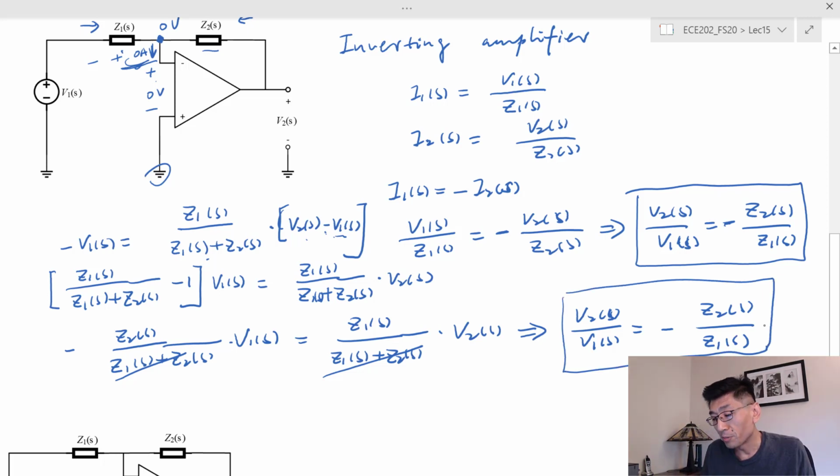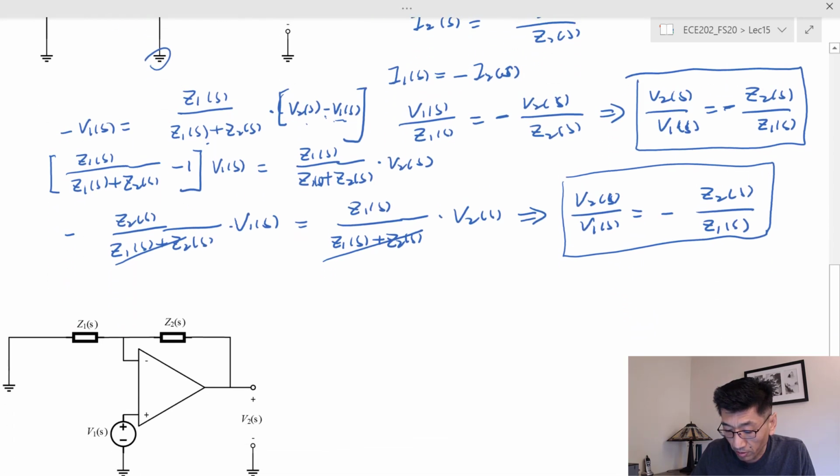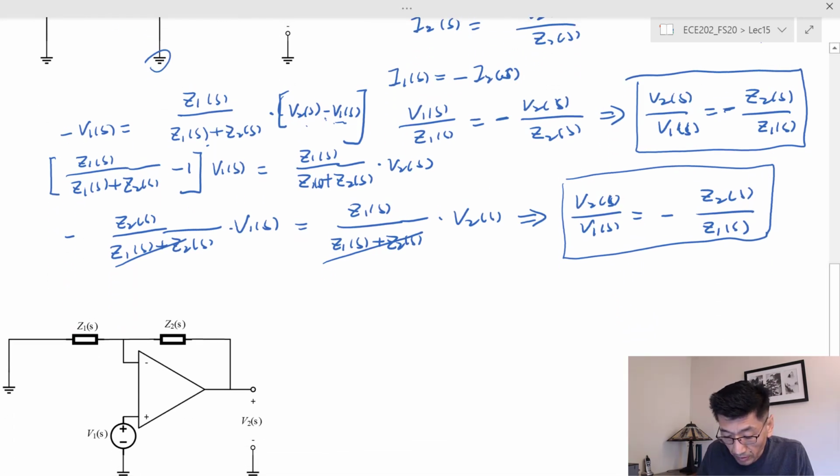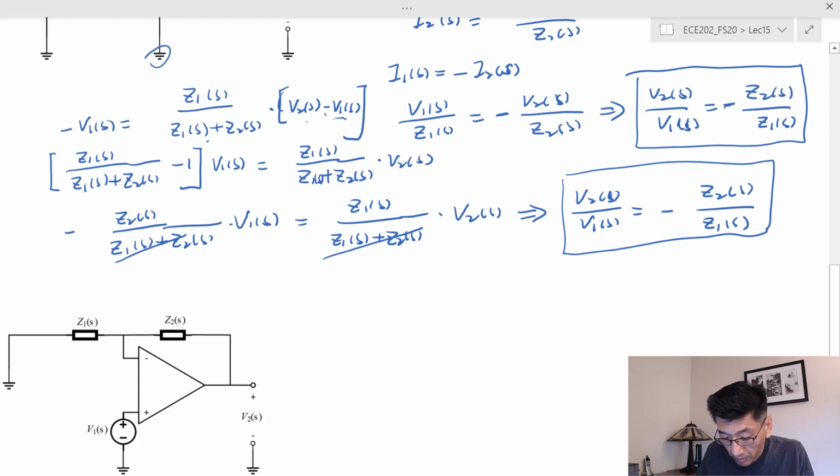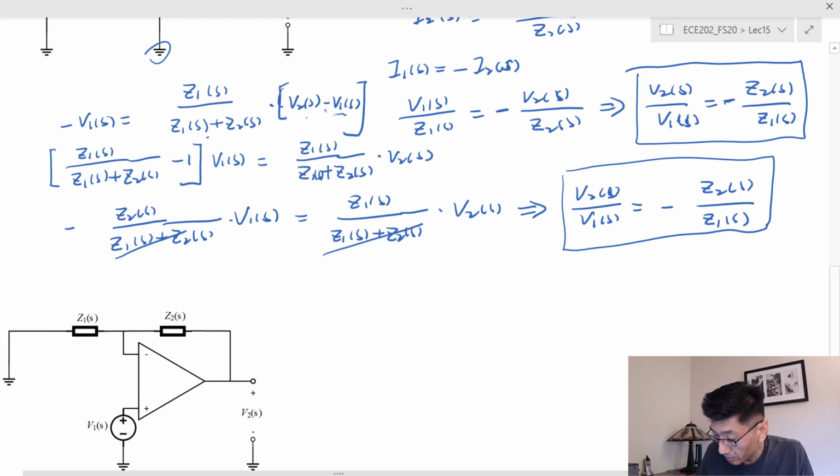And I hope you don't memorize this. If you want to find this easier case, you just take V1 divided by Z1, which is equal to negative V2 divided by Z sub 2. You can start with that. Those are the two ways of getting this. And I'm going to keep the example for later.